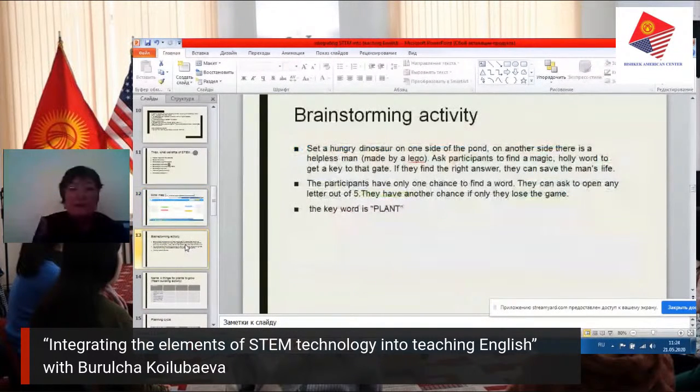Okay, when you organize a STEM class, you can organize a brainstorming activity. Brainstorming activity can be everywhere, yes. For brainstorming I used Lego, and I used this brainstorming activity when I conducted trainings for university teachers as well.